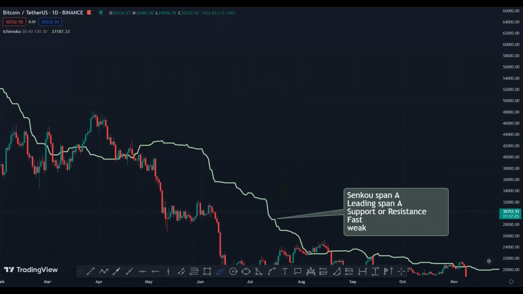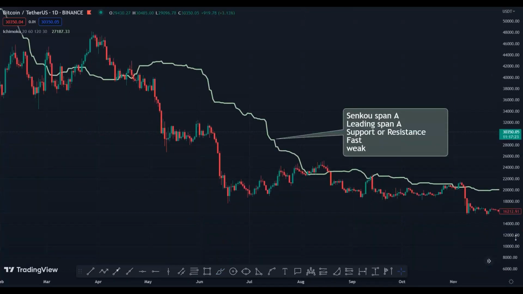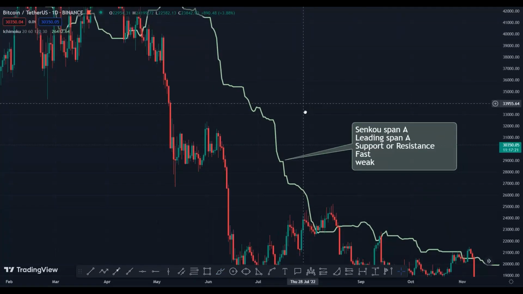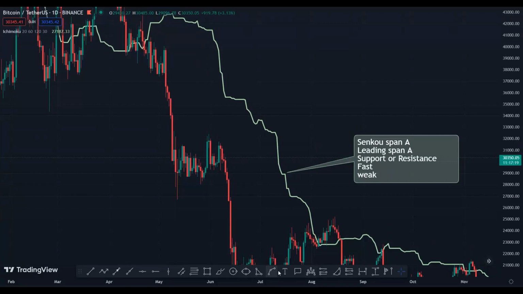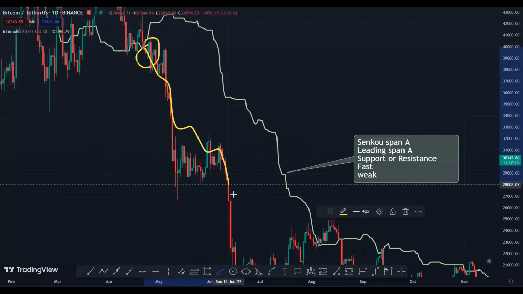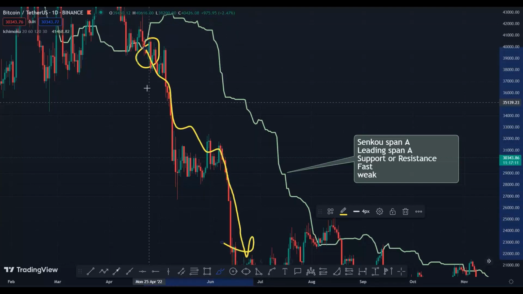Here is another example. We broke the Senkou Span A for the second time to the downside here. You want to be bearish. You see a massive sell-off and around $39,000 or $40,000 was your second signal to sell your positions and be bearish, okay?